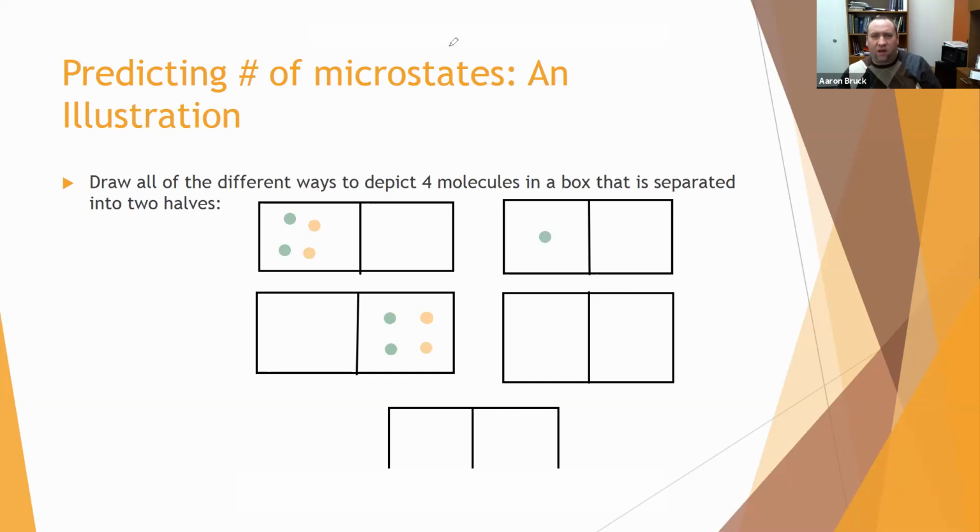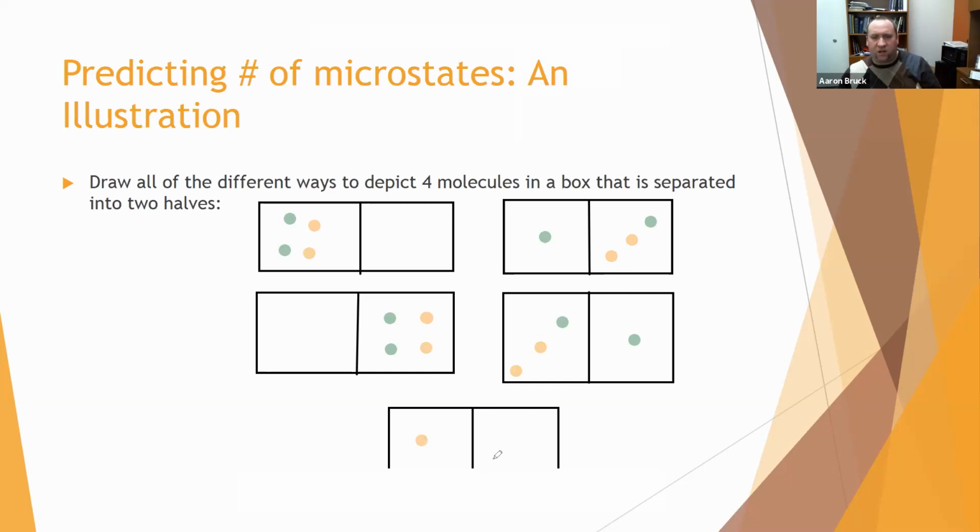Let's say I have 1 green dot on this side and 2 orange dots, or excuse me, 2 orange dots and 1 green on this side. Let's say that I have the reverse process of that. That's a different microstate.